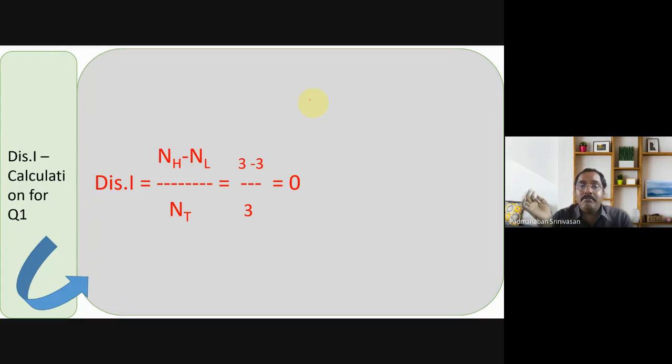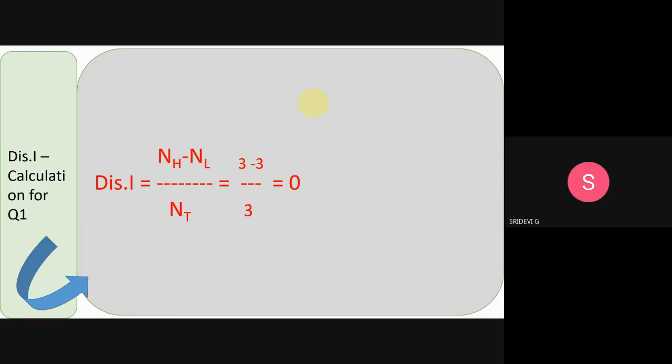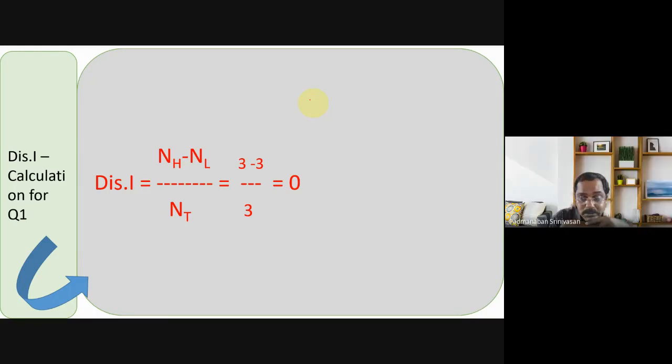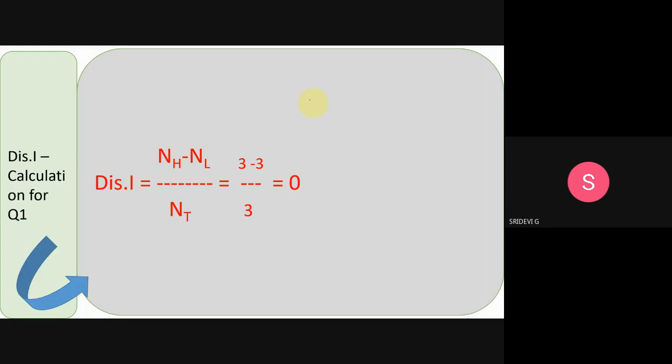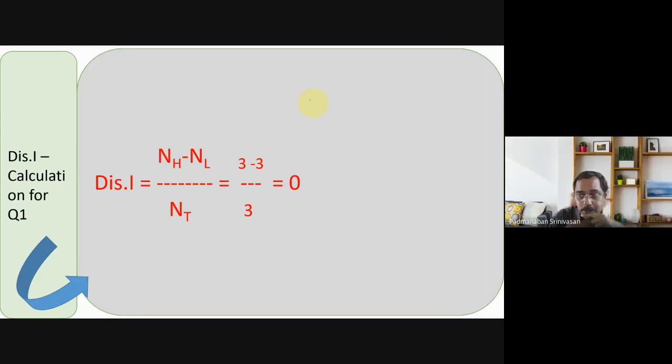What is the range for the discrimination index? -1 to 1, sir. Yes, good, -1 to 0 to 1. Your answer is correct. How did you get this?